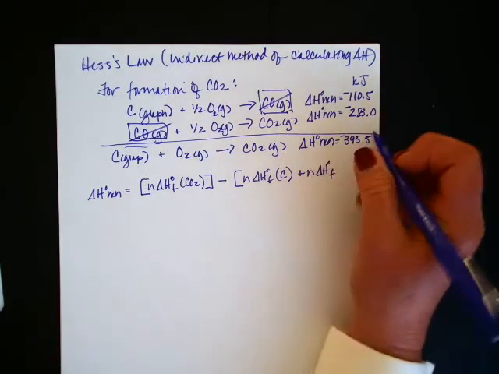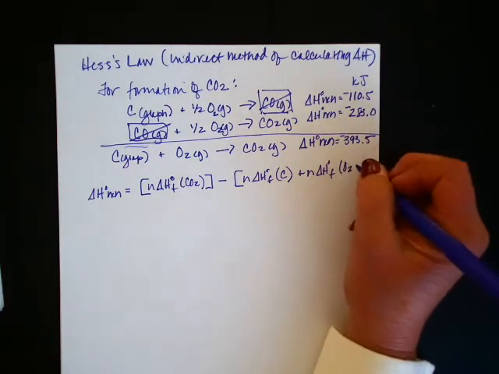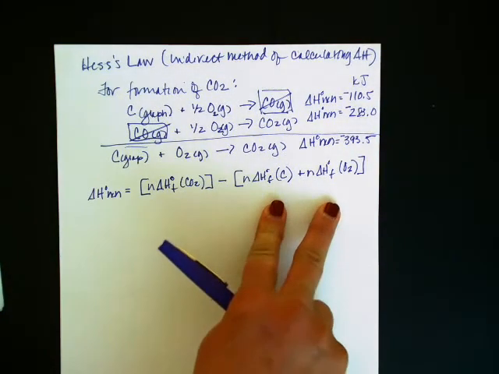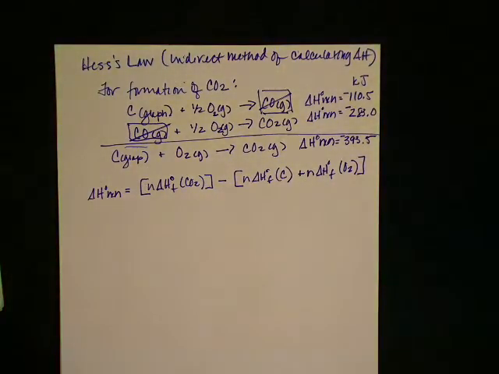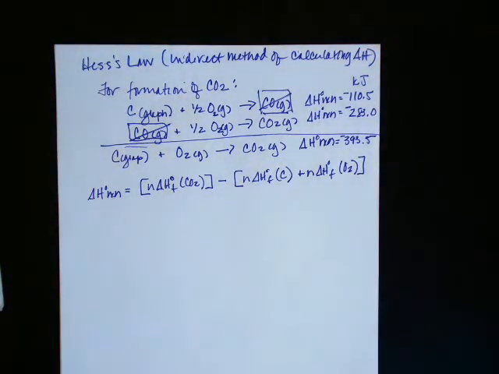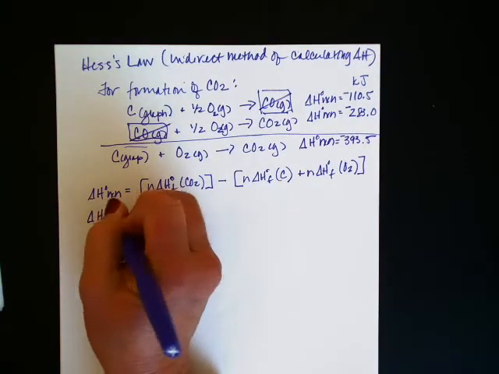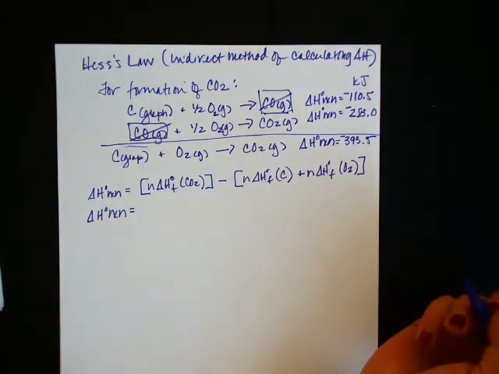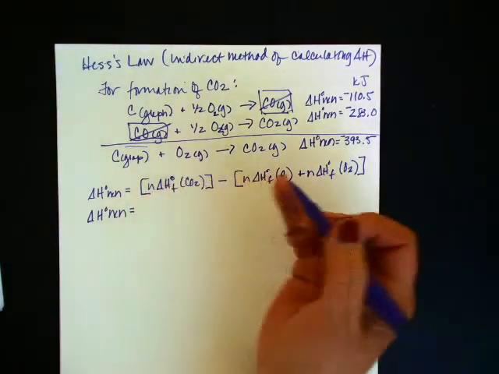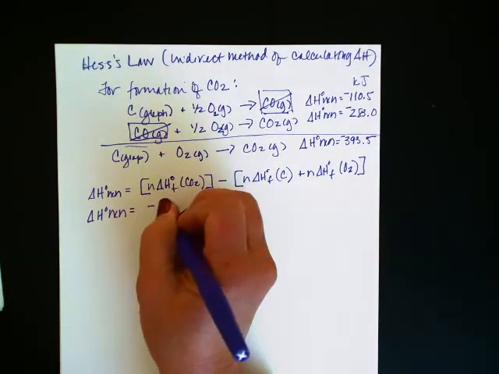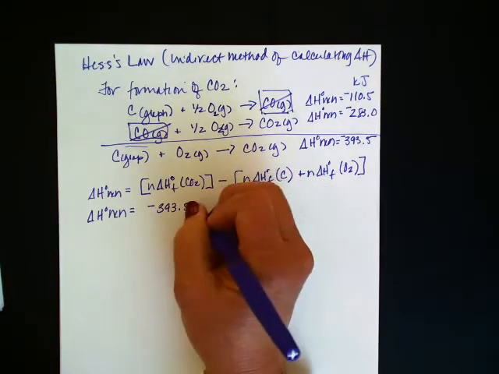We just covered the fact that carbon in the form of graphite is in its most stable physical state, and O2 is the most stable physical state of oxygen. So I know those are going to be 0, but again, you should look these up initially. But I did look up that the standard heat of formation of CO2 is negative 393.5 kilojoules per mole. I have only 1 mole. Those cancel.